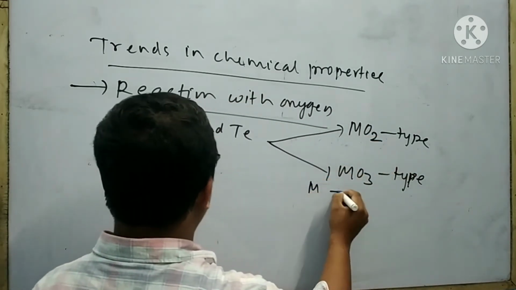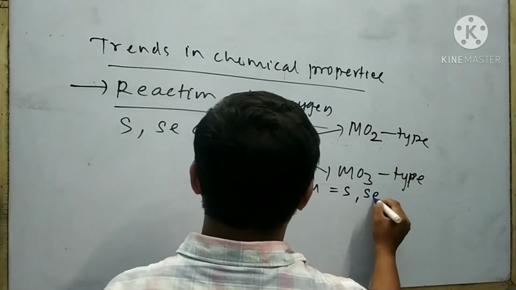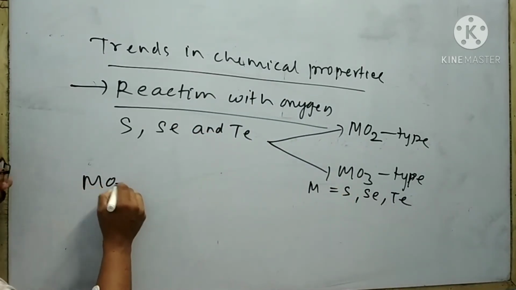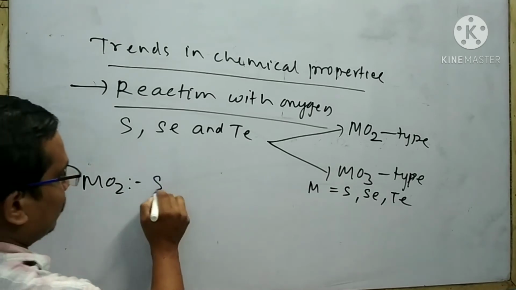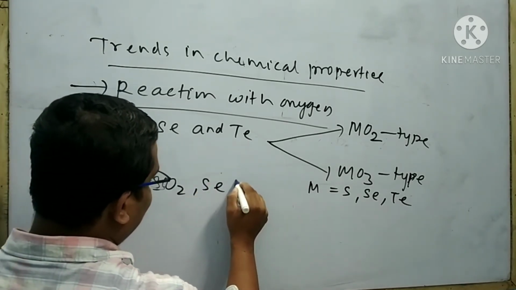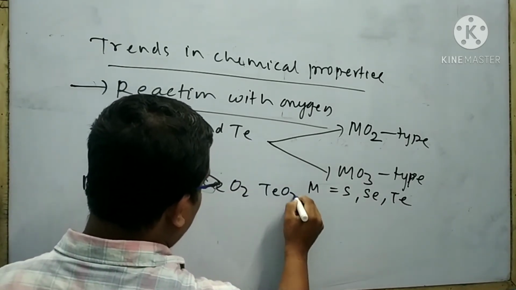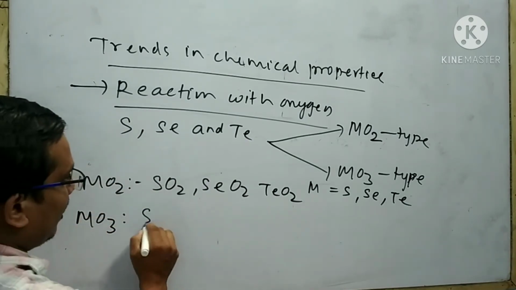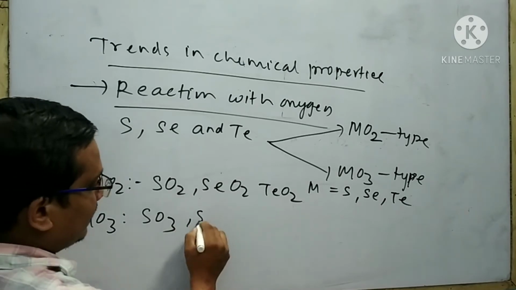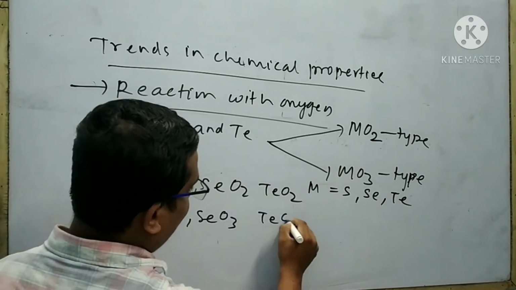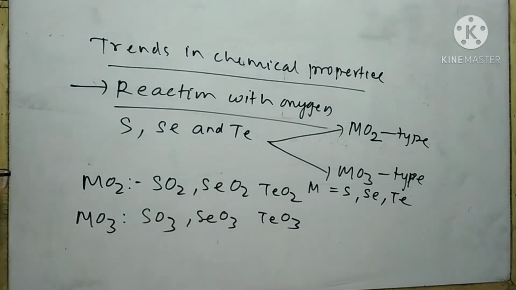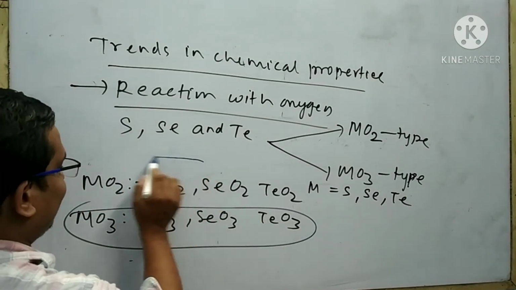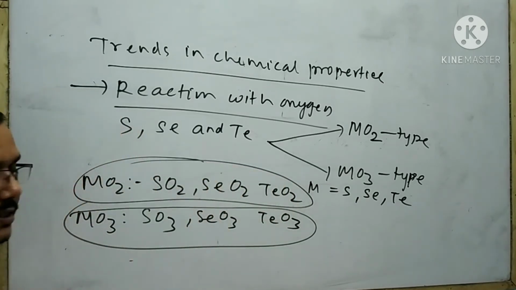Here M means sulfur, selenium, tellurium. The MO2 type oxides are SO2, SeO2, TeO2. The MO3 type oxides are SO3, SeO3, TeO3. Remember, the trioxides are more acidic than dioxides.